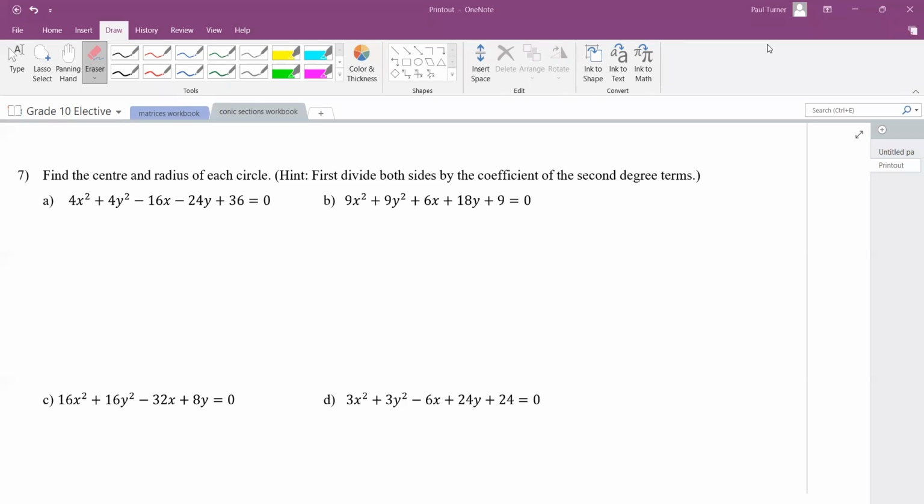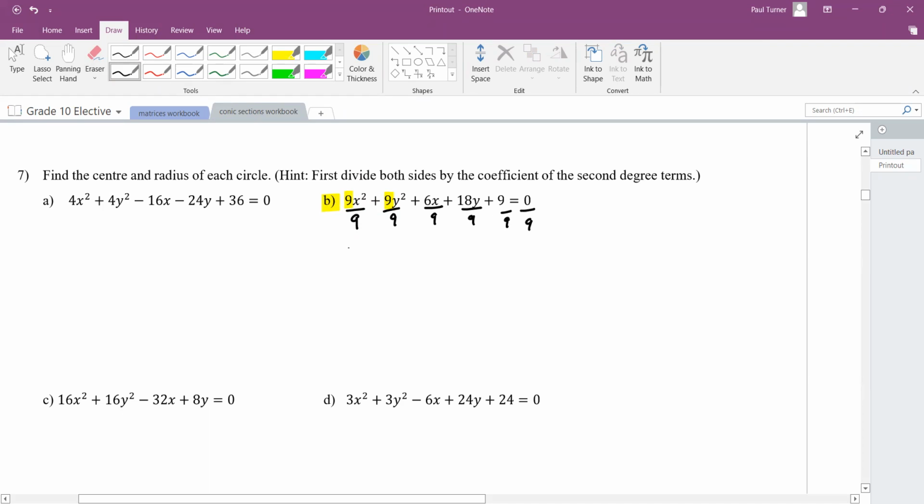Okay, so question 7, we need to find the center and radius of this circle. We're going to do question B here. Notice that we have 9 as the coefficients of x squared and y squared. So let's get rid of those. It will make it nicer to complete the square. So divide everything by 9. That's the first step.